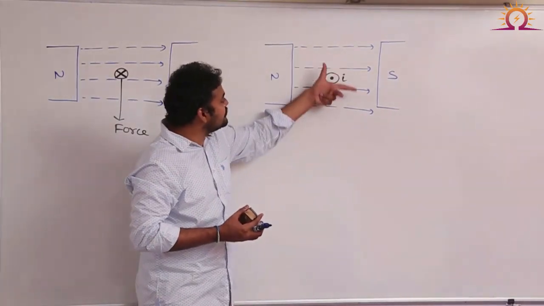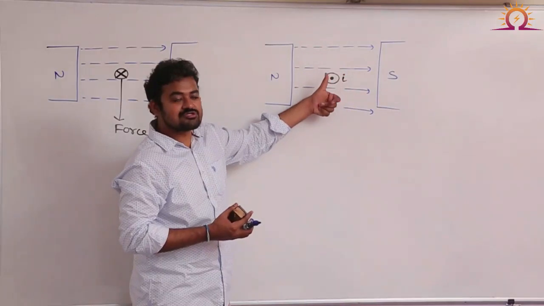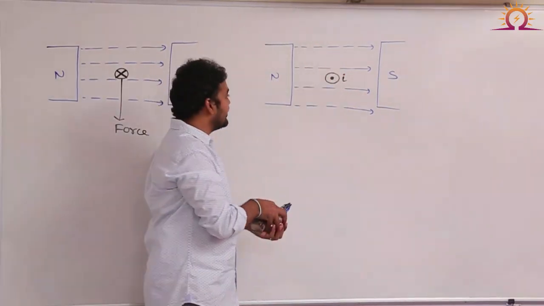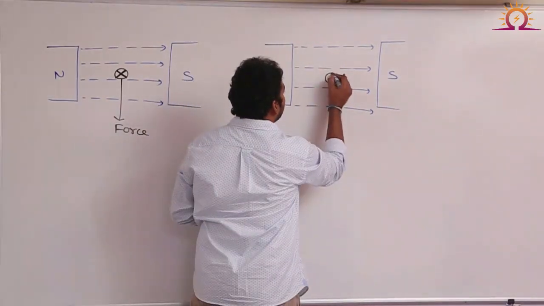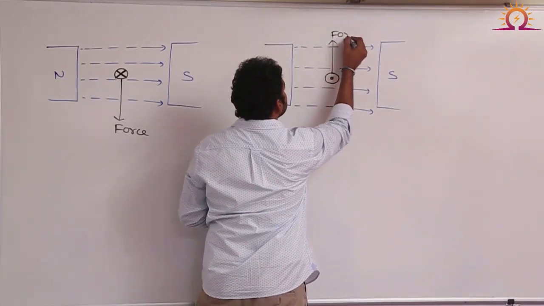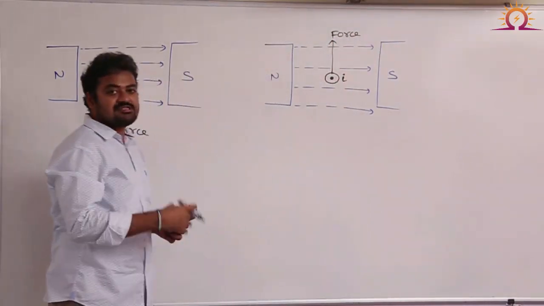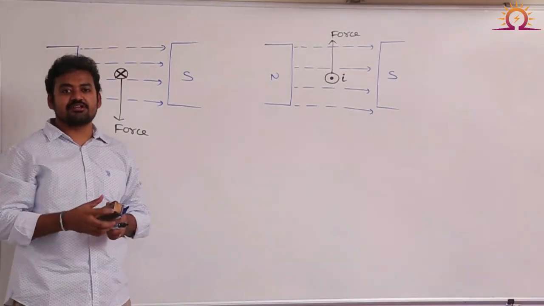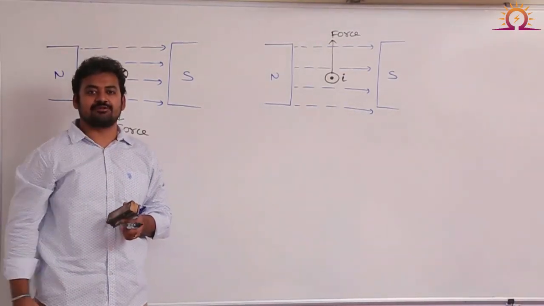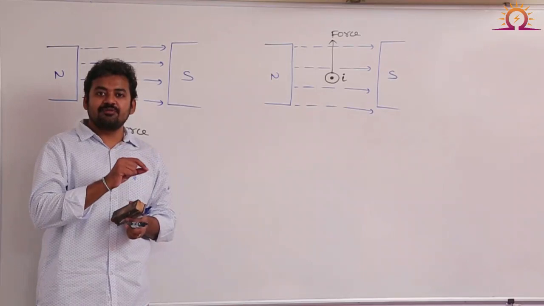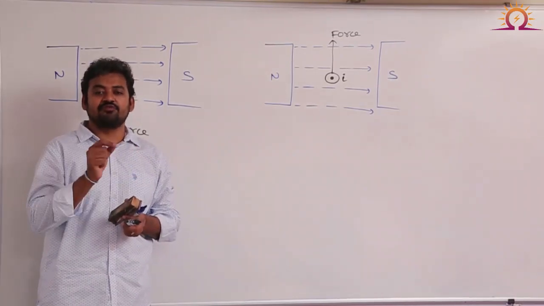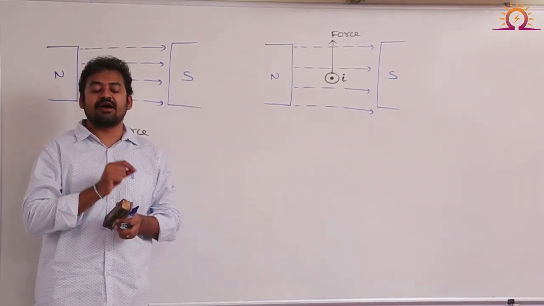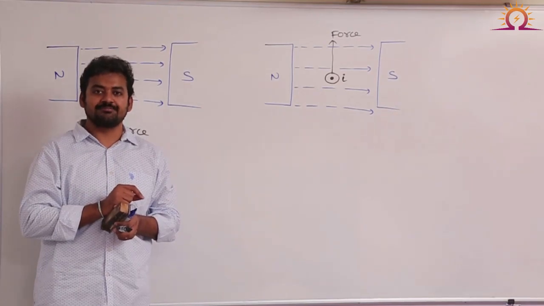Therefore, my thumb represents the direction of force, that is upward. So the force acting on this conductor is in upward direction. This is the way to identify the direction of force when you know current direction. And the same concept we will be using to identify the force acting between two parallel current carrying conductors.